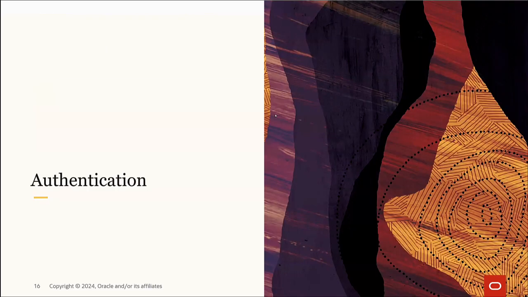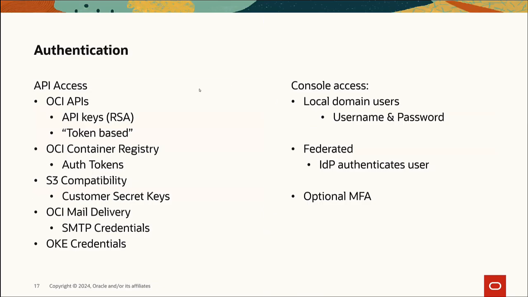Now, authentication. Certain details about authentication: we use OCI API keys if you need to access the control plane APIs. So you'll be able to log in through the console with your username and password, or if you're using federation, you will end up getting redirected to your external IDP.